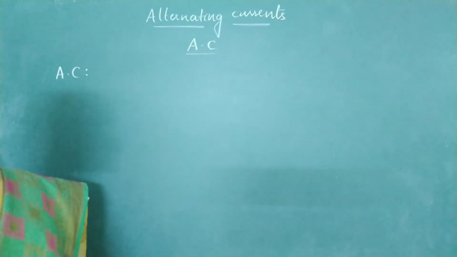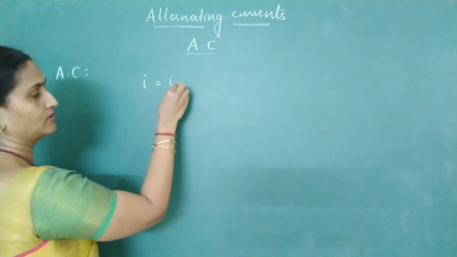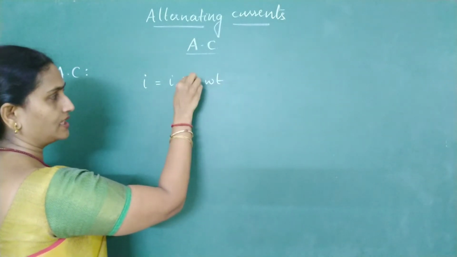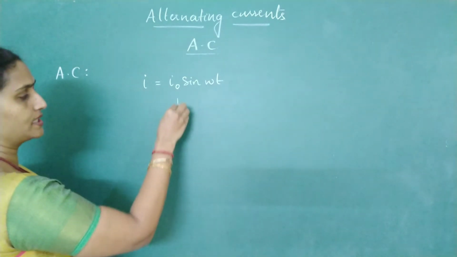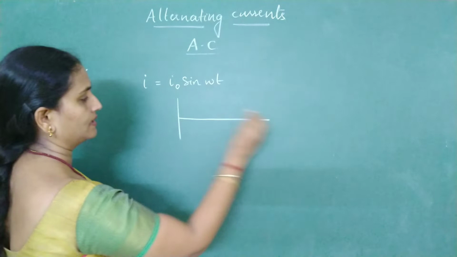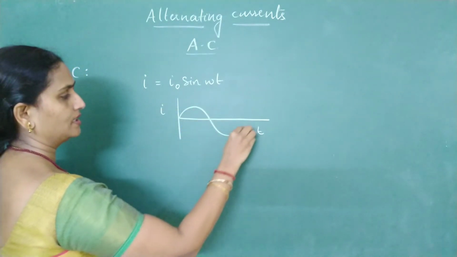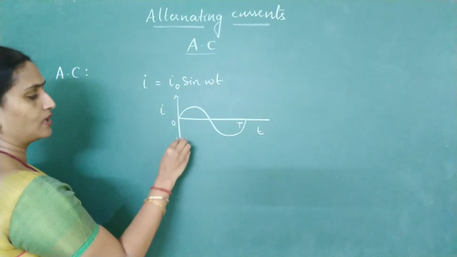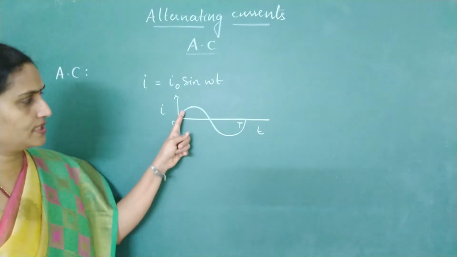Now just now we have seen the equation representing an alternating current, I equals I naught sine omega t plus phi. If I take alternating current as I naught sine omega t, how is current varying with time? The I versus t graph would be a sinusoidal function. This is for one time period. If you observe the magnitude of the current, it is continuously changing.